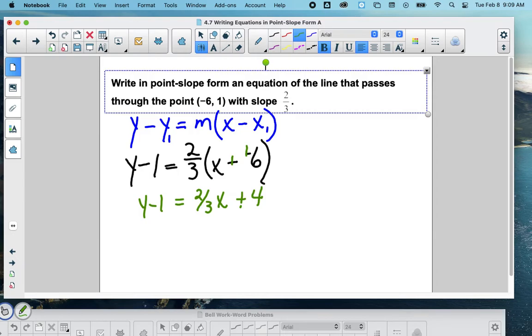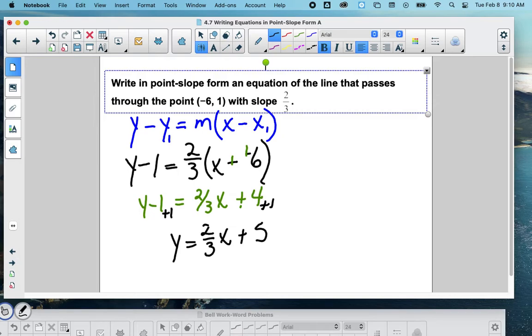Then you would add 1 to both sides, and you end up with y equals 2/3 x plus 5.